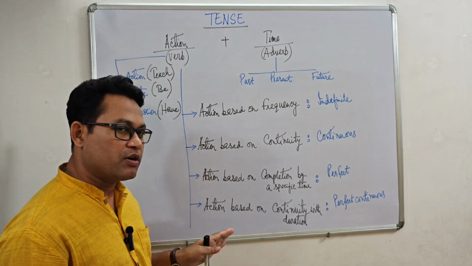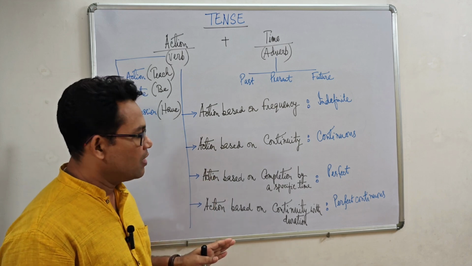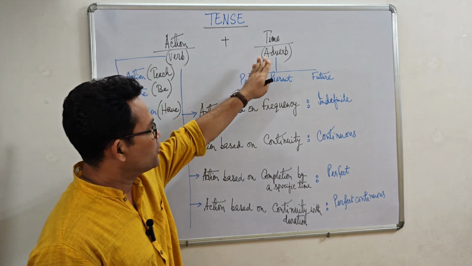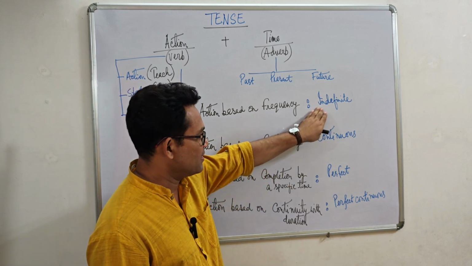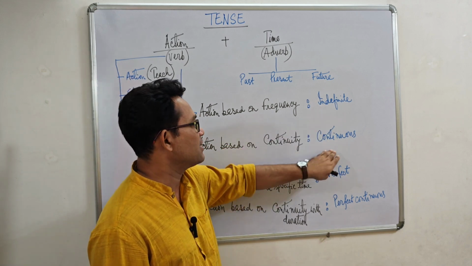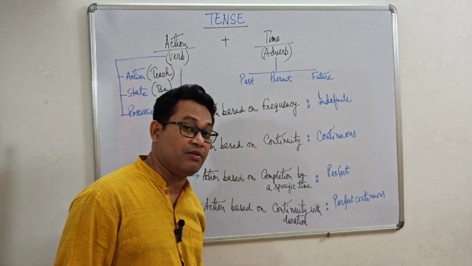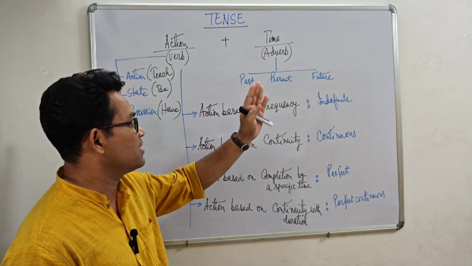Now, since I talked about the basics, we have to understand how specific adverbs play a huge role in writing or speaking a sentence in indefinite or continuous or perfect or even perfect continuous, and of course in past, present and future.